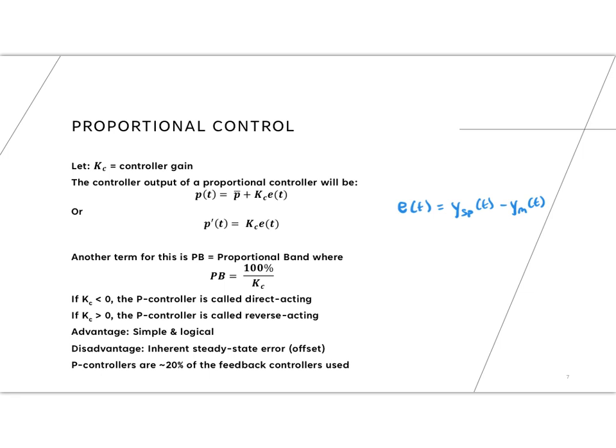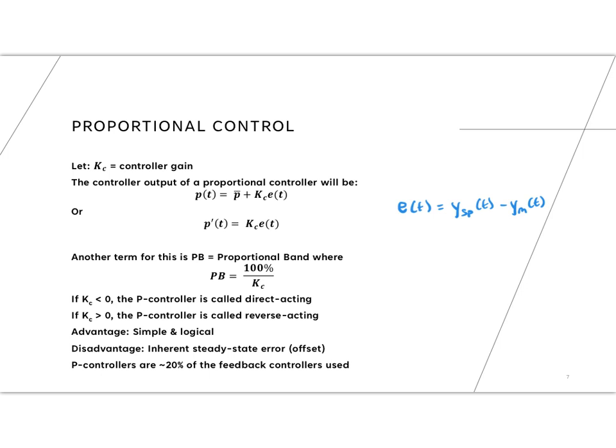And so if my measurement is going up and I multiply by a negative Kc, I'm going to have a negative times a negative. That will be an increase to my output p. Okay? And when I have Kc as positive and I multiply by a negative change, that's going to be a decrease in my output. So therefore, negative is direct acting and positive is reverse acting.